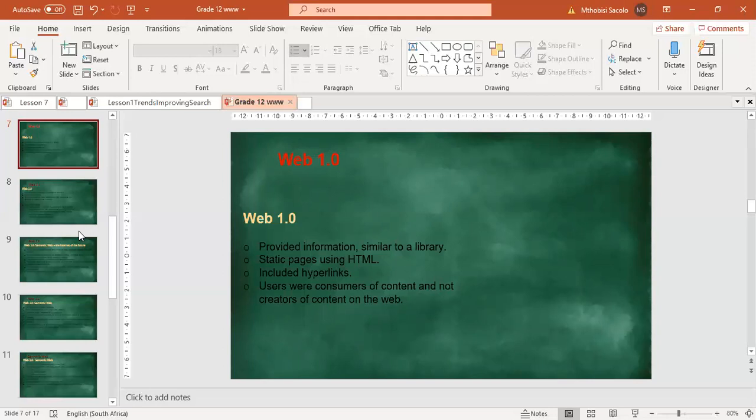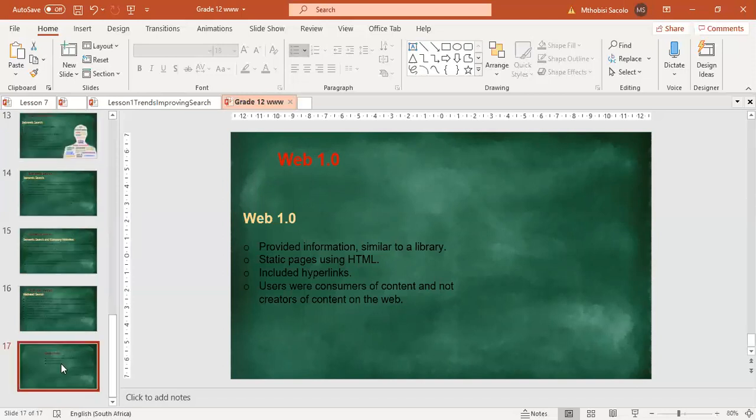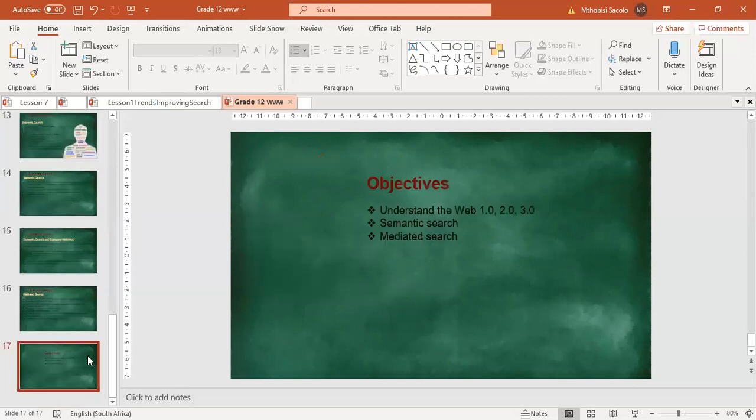So this is our objectives, the things that you should know at the end of this topic.